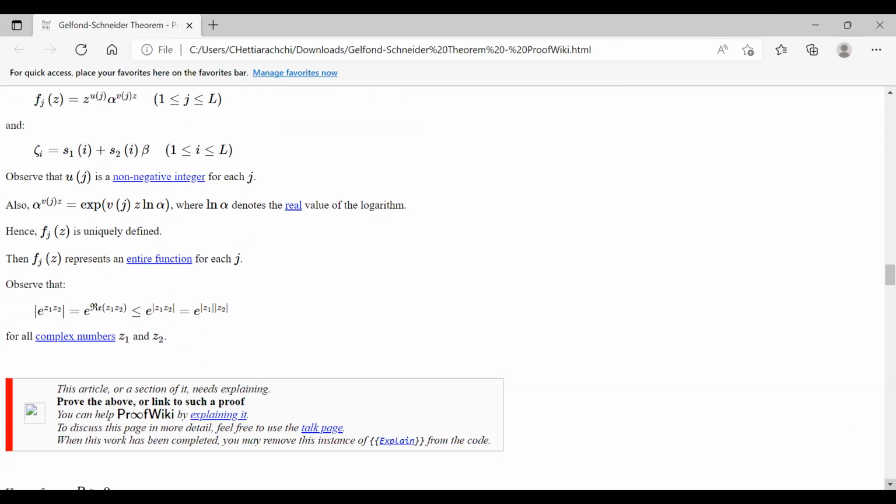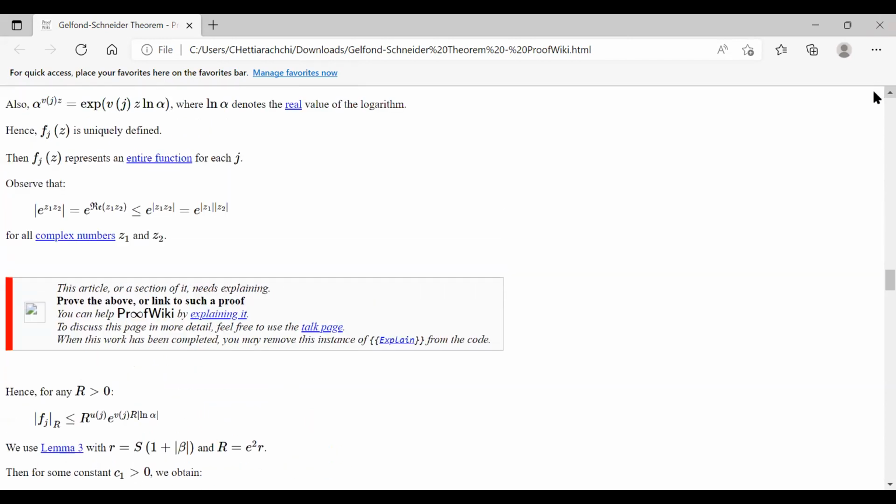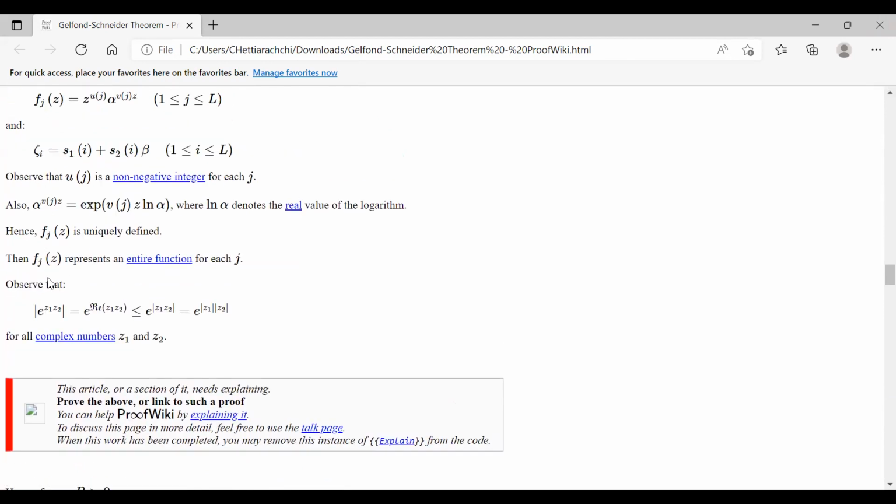We are going to apply this inequality to get the upper bound. So hence, for any r greater than 0, Fj(r) will be less than r to the uj times e to the power vj r ln alpha, by applying this, because we know our zeta 1 and zeta 2 right here.